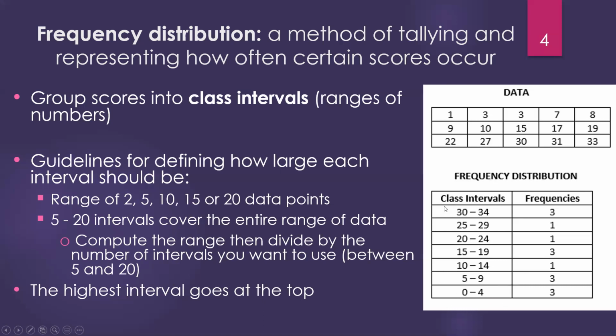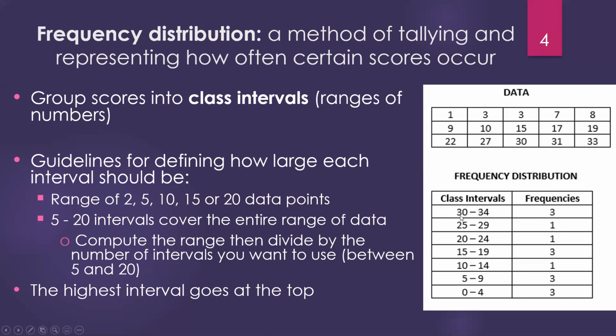When you have a frequency distribution, you have a lot of flexibility in creating it how you want. But the few things that I look for in terms of making sure that it's done correctly are that you have these columns set up with class intervals and frequencies, that the intervals you create are not too big, that they shouldn't encompass all of the data, and that your frequency counts are correct, right?